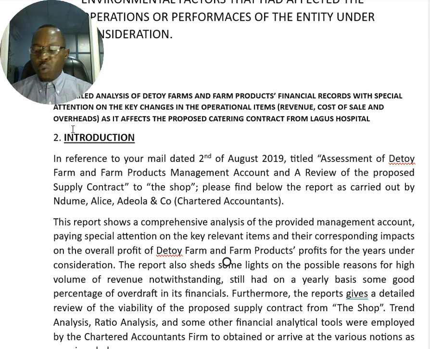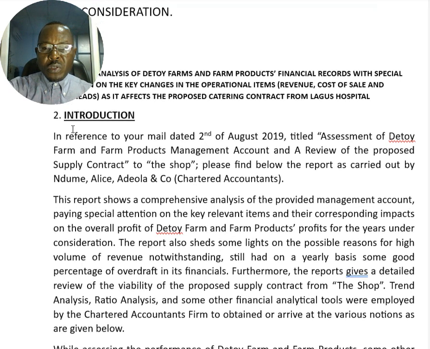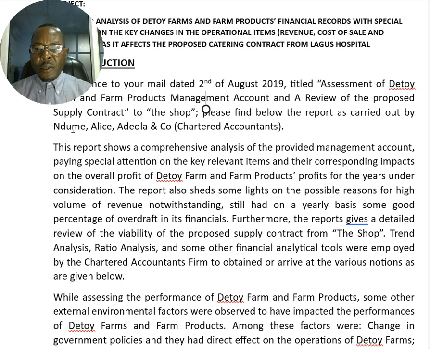Please find below the report as carried out by Ndume Alice Adiola and co-chartered accountants. This report shows a comprehensive analysis of the provided management account, paying special attention on the key relevant items and their corresponding impact on the overall profit of the farm and farm products.